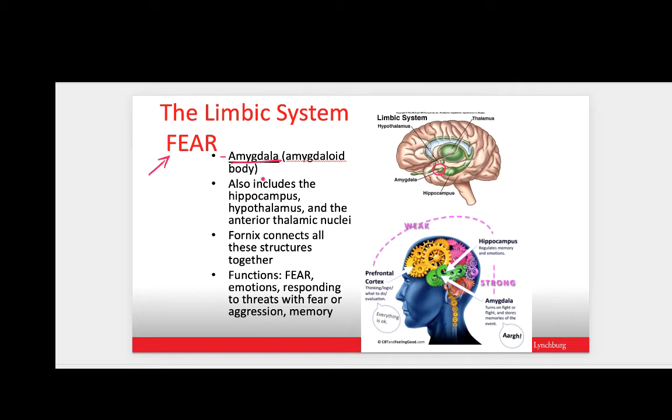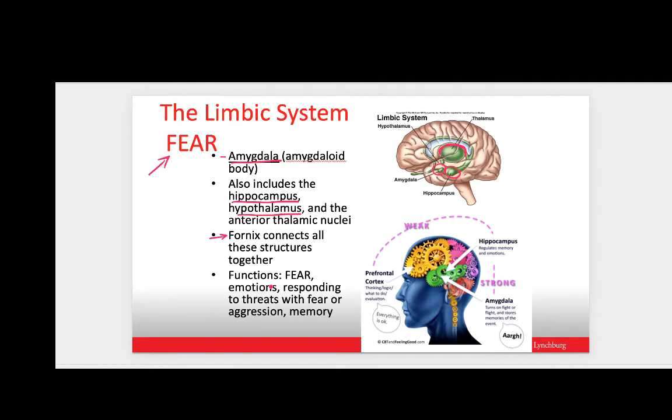Also the hippocampus, which plays a large role in memory, and then the hypothalamus. So we have a structure called the fornix that connects all of these structures together, and it basically runs just superior, kind of arches superiorly over top of the thalamus.